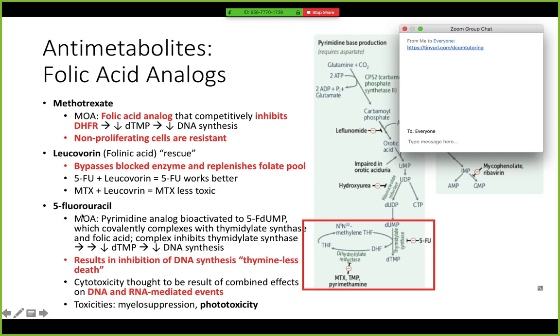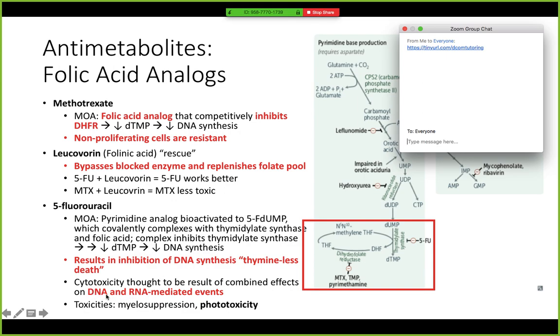And then 5-FU, which I think is talked about a lot in MFM1, is going to result in the inhibition of DNA synthesis via a thymineless death. You can see right here where 5-FU is working to inhibit thymidylate synthase, so you get a decrease in the synthesis of dTMP, and then as a result, a decrease in DNA synthesis.